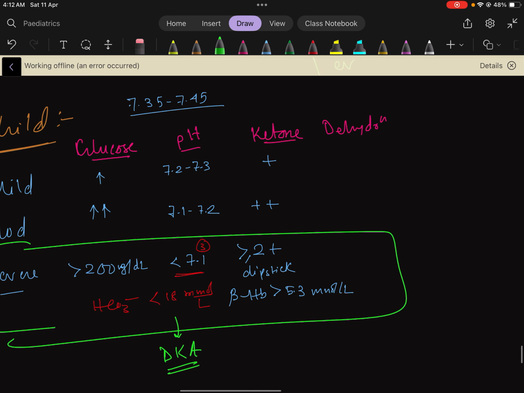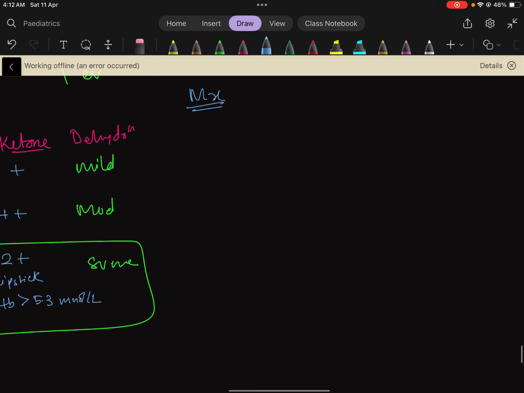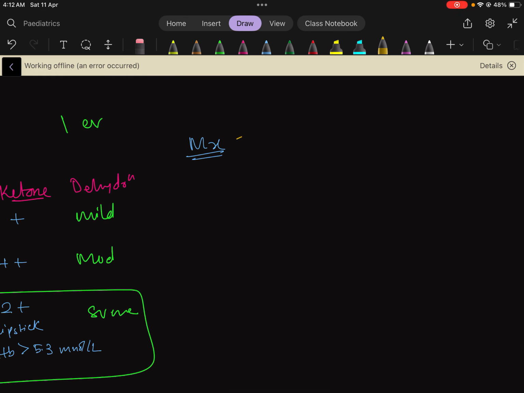And obviously dehydration, here will be mild dehydration, moderate dehydration, and of course severe dehydration. Now based on dehydration we'll write the management. The management principally consists of 3 things. We have fluid, we have sodium and potassium balance, then we have insulin.